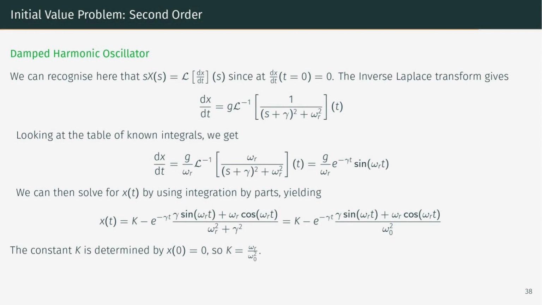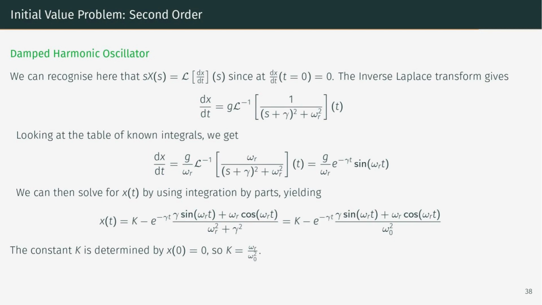And this equals k minus e to the negative gamma t times gamma sine of omega r t plus omega r cosine of omega r t, all divided by omega naught squared.